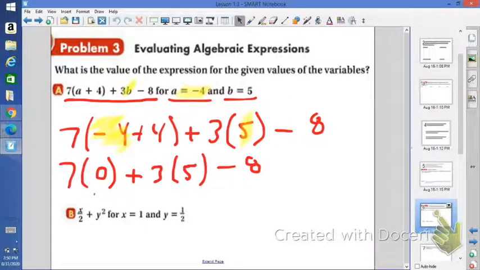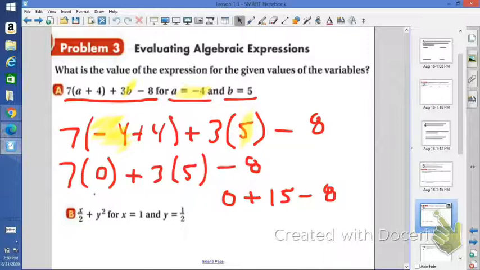Now we're going to multiply from left to right. Please excuse my dear Aunt Sally, so multiplication would be next. So 7 times 0 is 0, plus 3 times 5 is 15, minus 8.